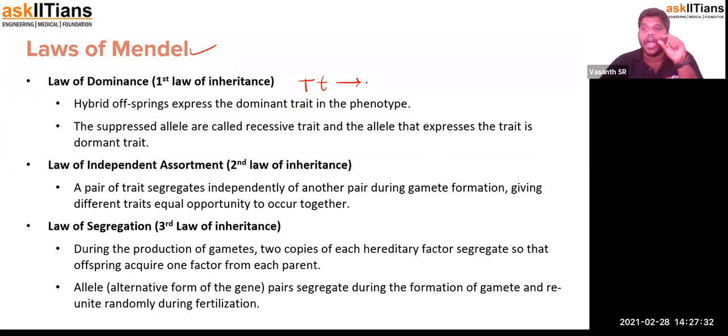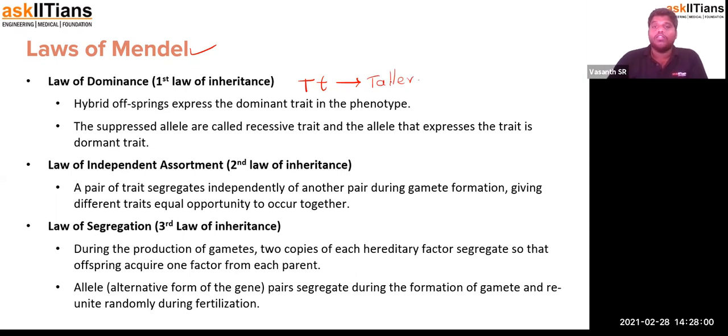In the hybrid condition of an offspring, only the dominant trait will express its characteristics. Here the genotype of the plant is heterozygous tall, Tt, and the phenotype would be tall. That's the external thing that we would see, so the organism would be tall.